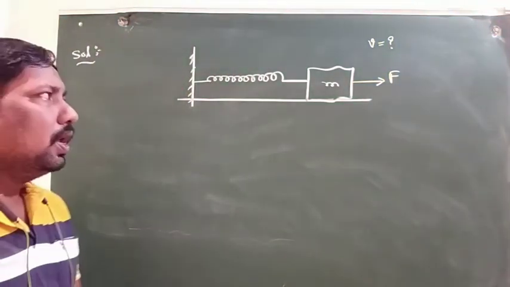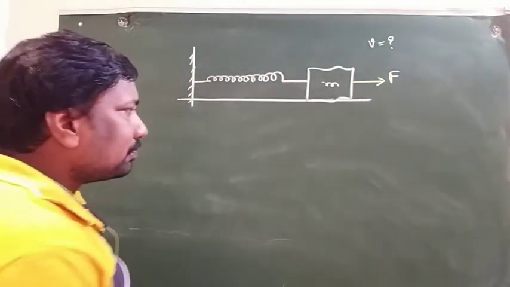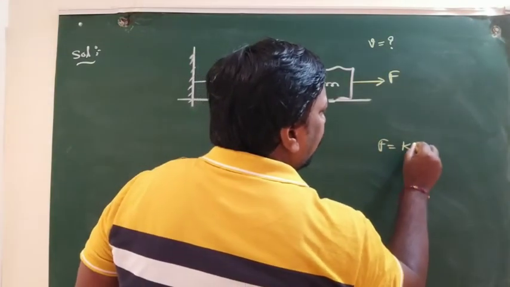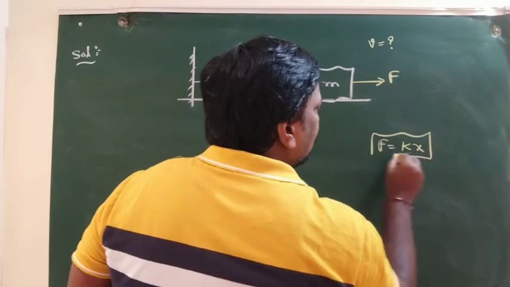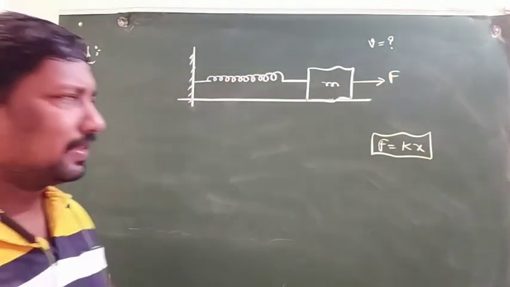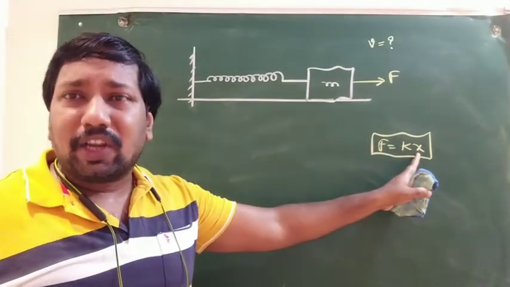In this case, force F equal to Kx, where K is the force constant of the spring and x is the elongation of the spring.